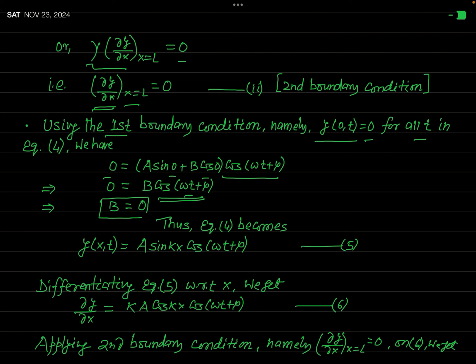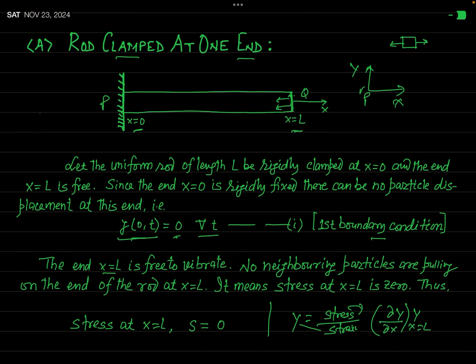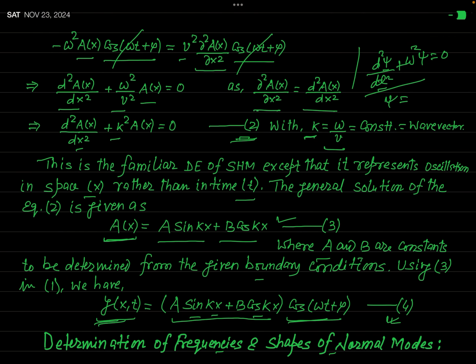So after the use of the first boundary condition, we get a very important piece of information: this constant b is equal to 0. So if b is equal to 0, what will the displacement of the particles of the rod be? Let us put b equal to 0 in equation 4, which defines the displacement of the particles of the rod located at position x at time t.